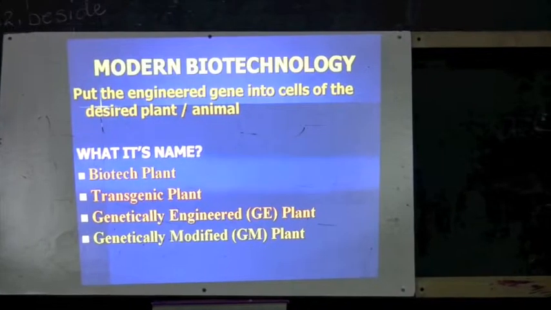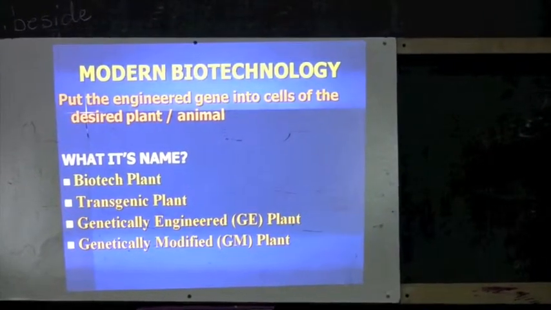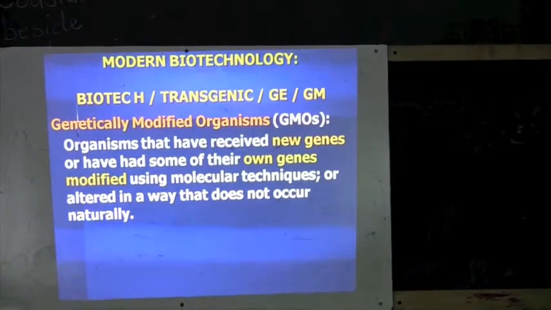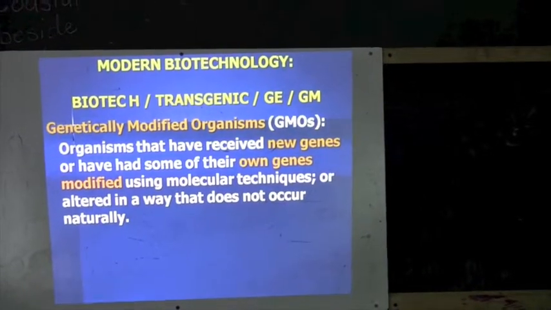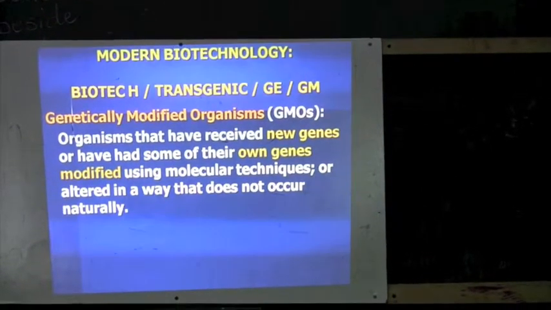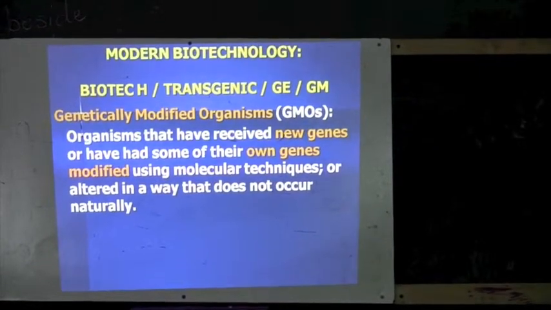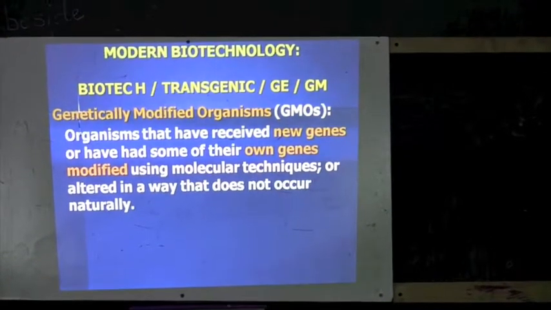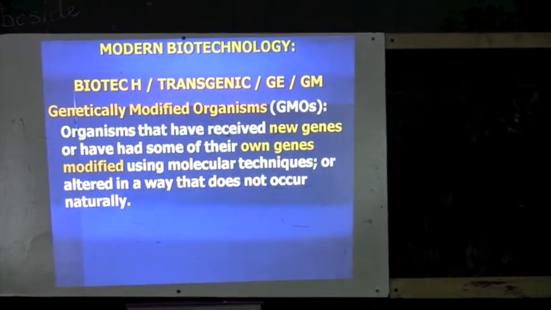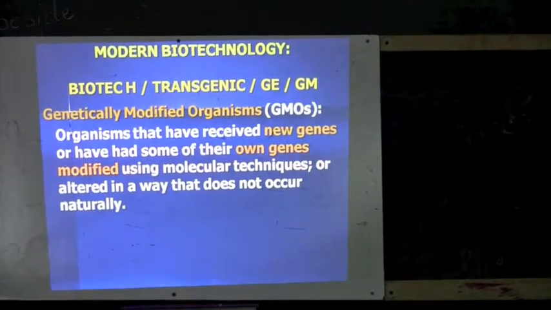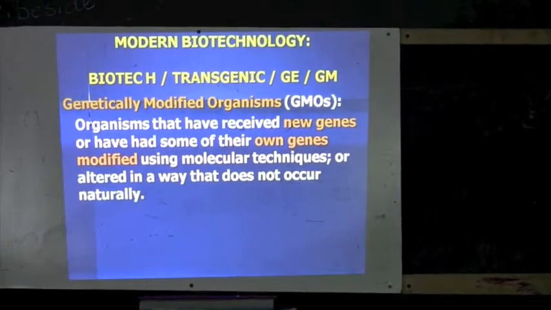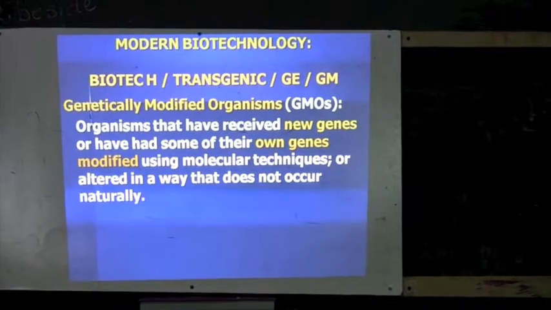The transference of genes from one organism to another organism. So basically we say that a genetically modified organism is one that would have received new genes or have had some of their own genes modified using molecular techniques or altered in a way that does not occur naturally.